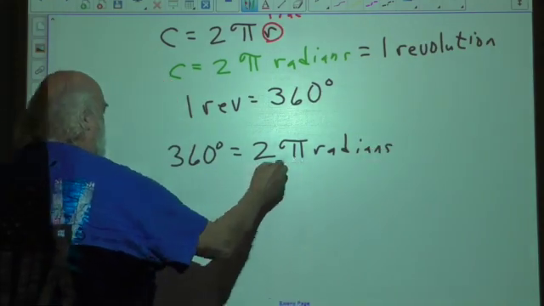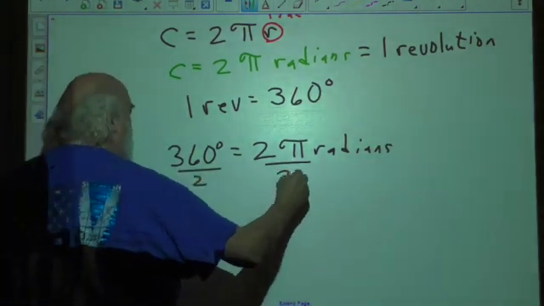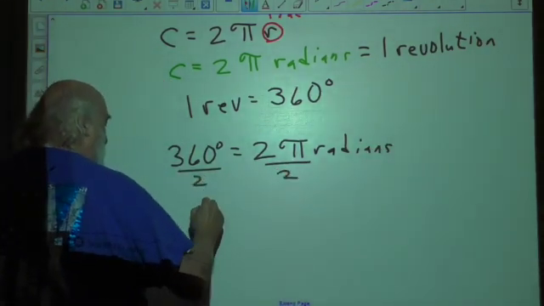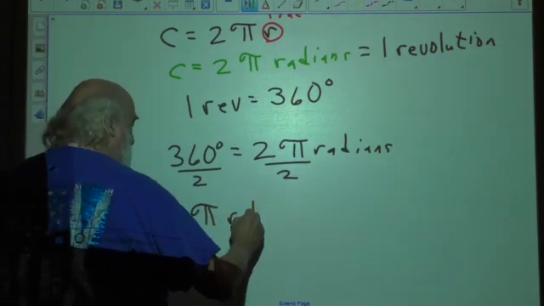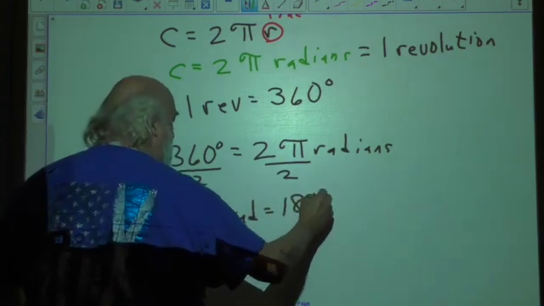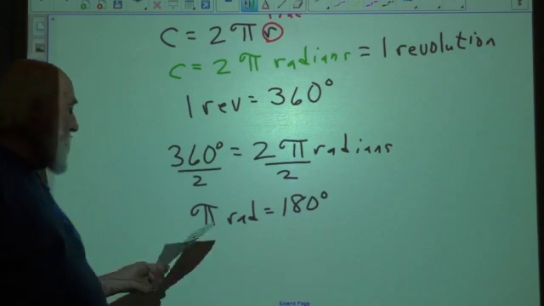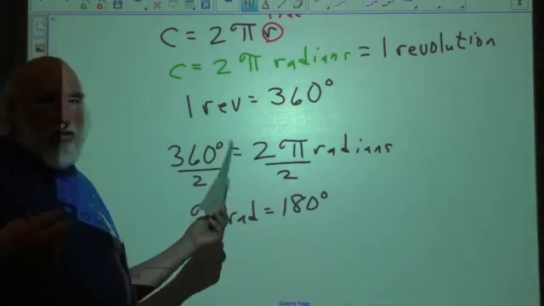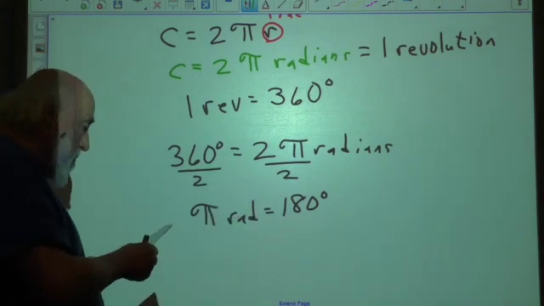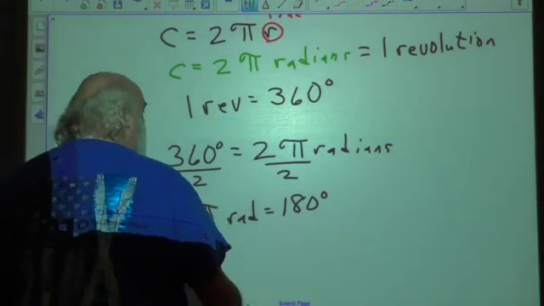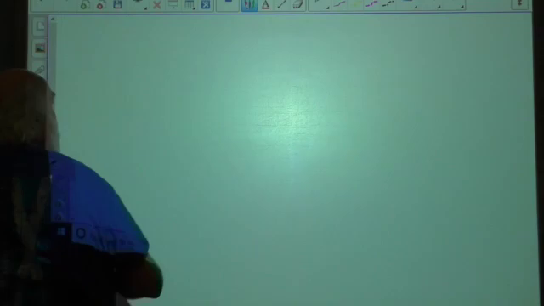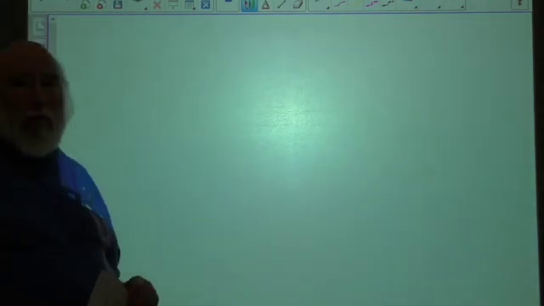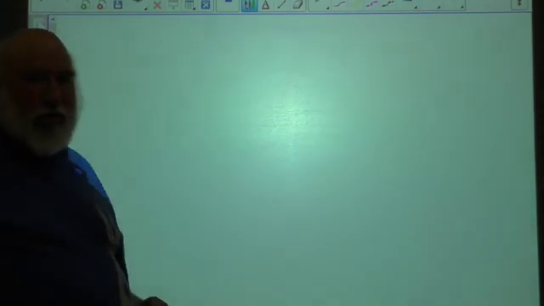And if I divide both sides by 2, then pi radians equals 180 degrees. We're going to be able to use that relationship as a conversion from radians to degrees or degrees to radians. Okay, so let's put all this together and come up with some examples, and then I'll give you a practice problem.